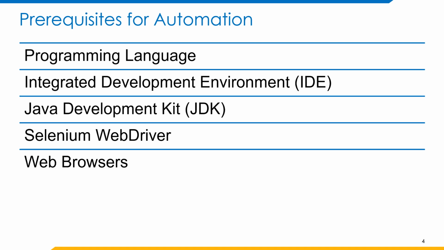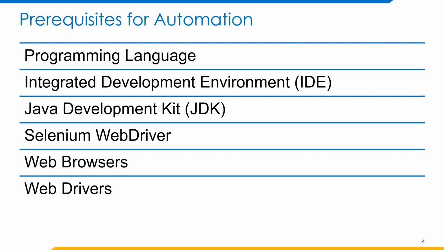Make sure you have the web browsers you intend to automate. Example, Chrome, Firefox installed on your system. Web drivers. Selenium interacts with browsers through web drivers. You should have the appropriate web drivers for the browsers you plan to test with. Example, Chrome driver, Gecko driver. These should be downloaded and configured.